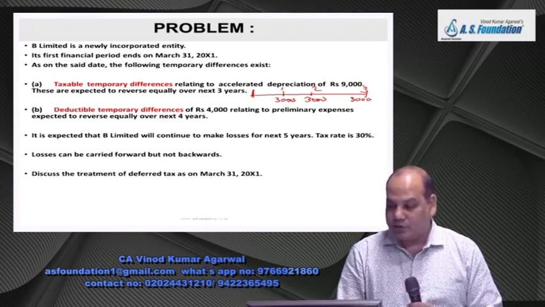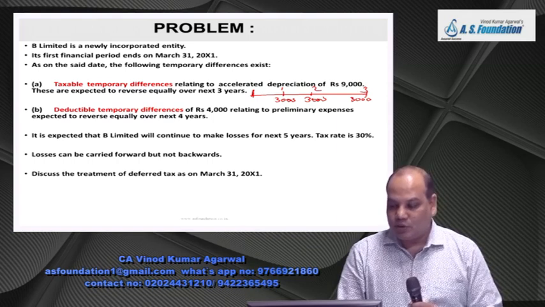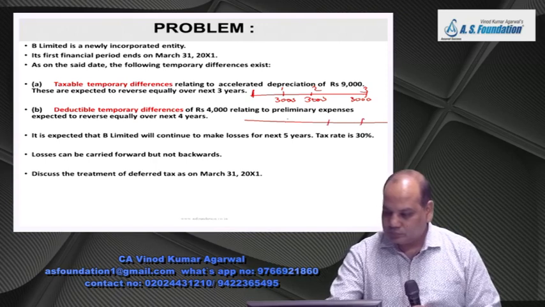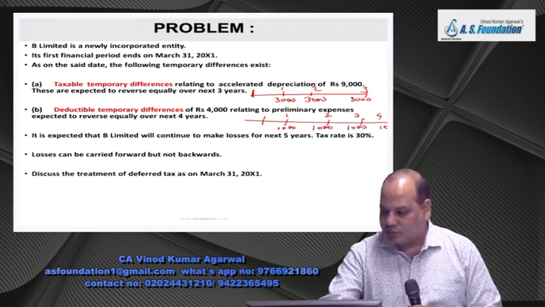B. Deductible temporary difference of rupees 4,000 related to preliminary expenses, expected to reverse equally over the next 4 years. Year 1, 2, 3, 4. So it will reverse 1,000, 1,000, 1,000, 1,000.